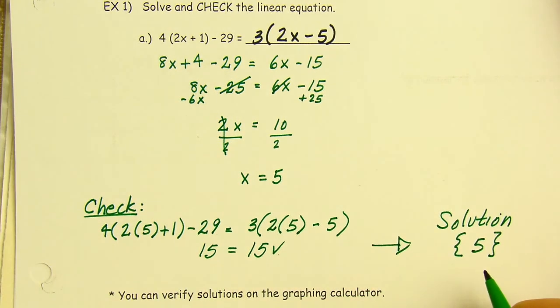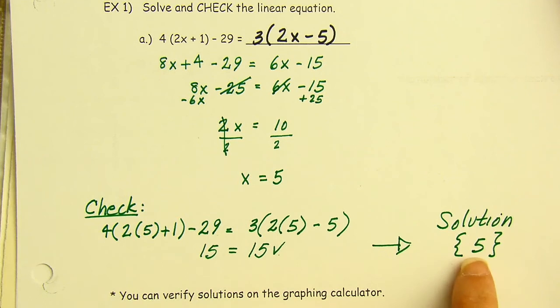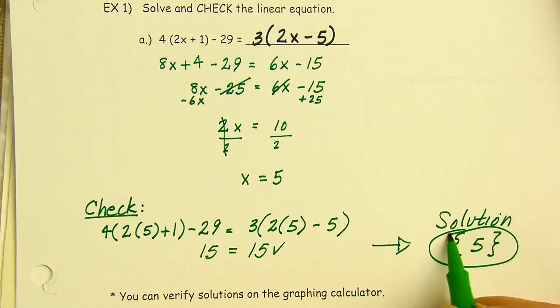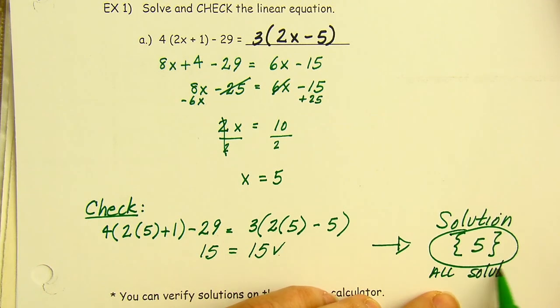On a test or quiz, if you tell me x equals, I'm going to take points off, because in the college algebra textbook, we really need to get a hold on the symbolic notation. So writing it as this means the set of all x that makes the equation true is when x is 5 and only 5. Okay, so you will write all solutions in set notation.